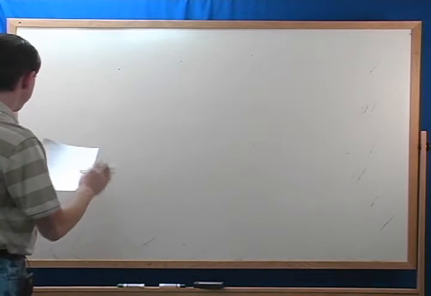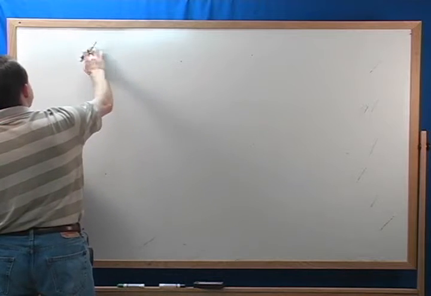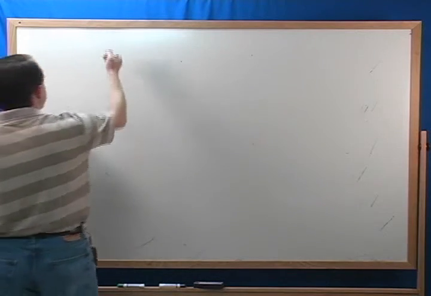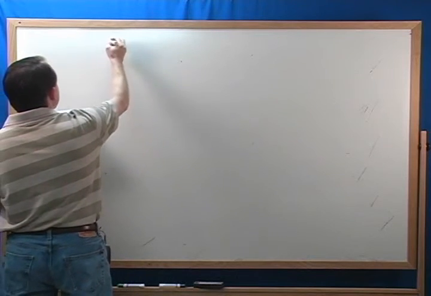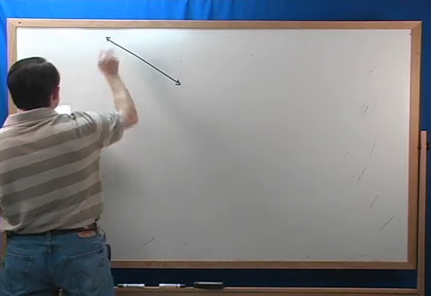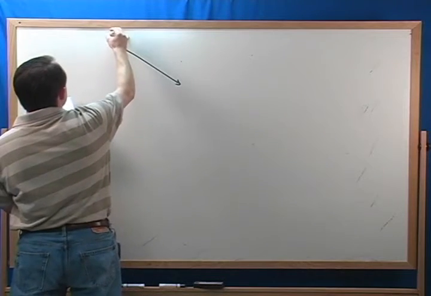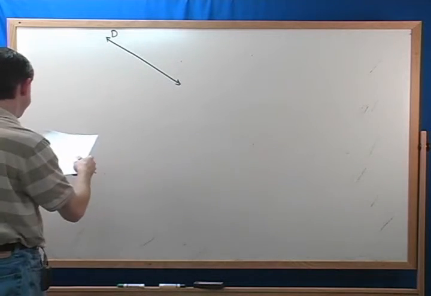Now what we're going to do is work an example to show you a little bit more complicated problem dealing with transversal lines, and I think you'll get the hang of it. So let's say we have this problem on your test or on your homework, and it's got one of those diagrams that at first looks complicated, but when you start to take a look at it, really isn't. There's a line D, and it just goes up and down like this.